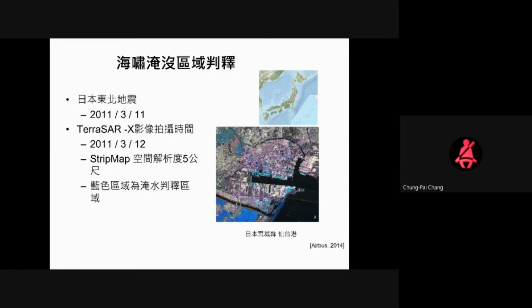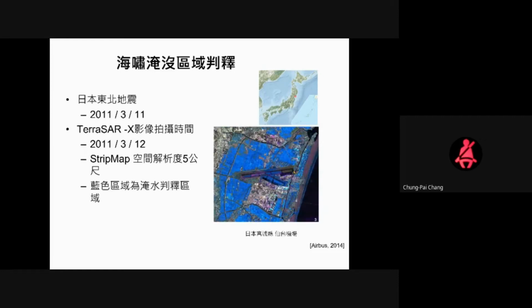Okay, we enlarge this area, and you can see the blue area, and these are all the tsunami inundation area, and the airport area you can see.